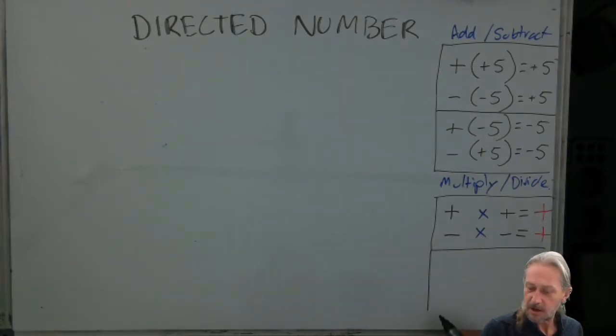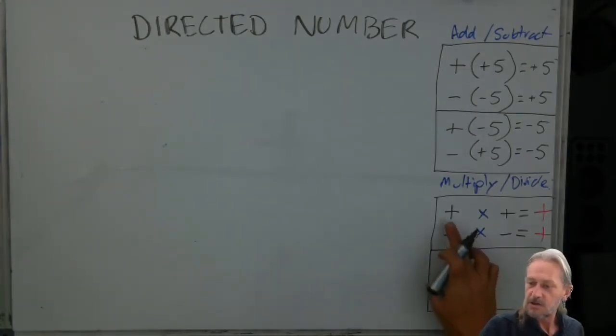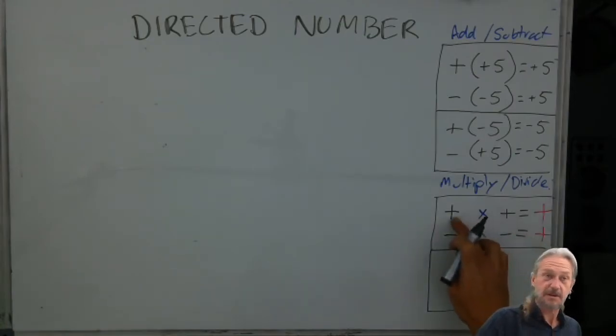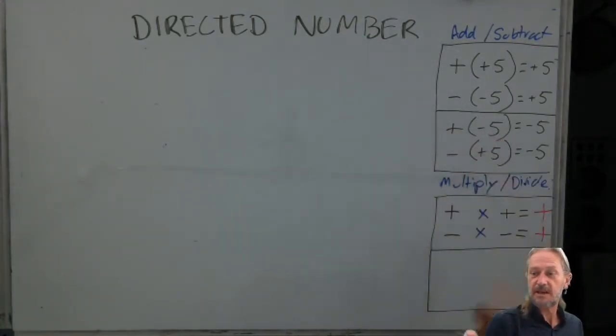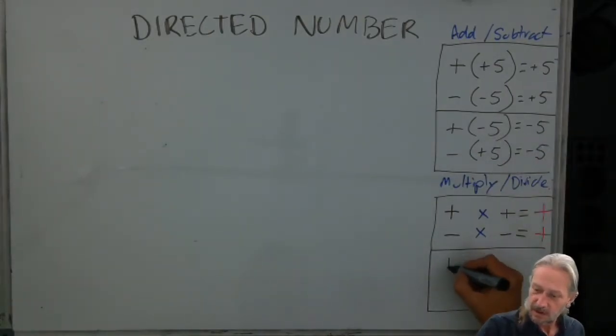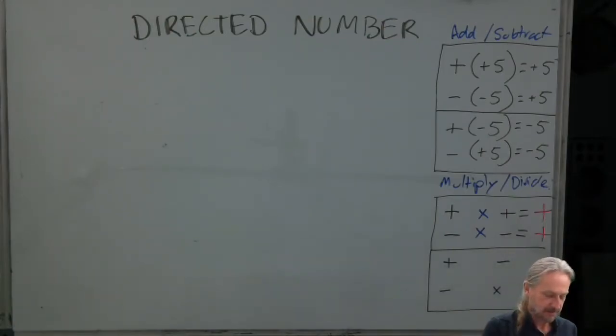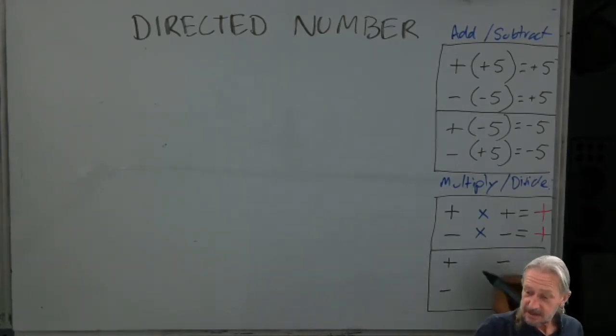Now, when we multiply or divide two numbers that are different signs, when we get two different signs together, we end up with a negative. So positive times a negative, or a negative times a positive. Let's put this times in the middle.